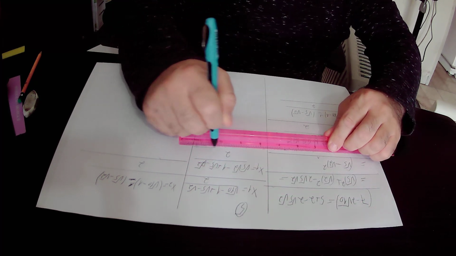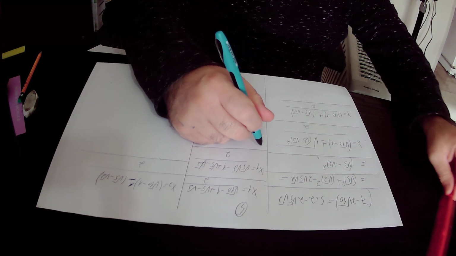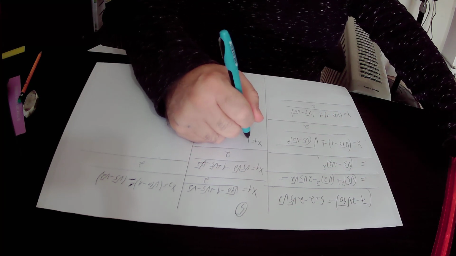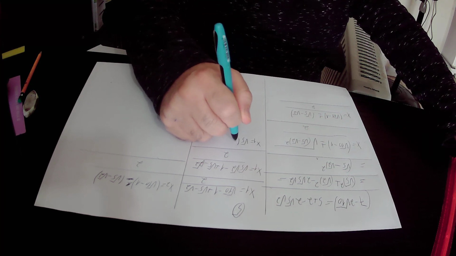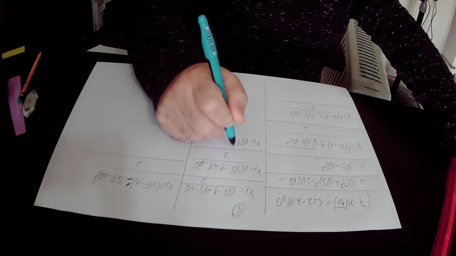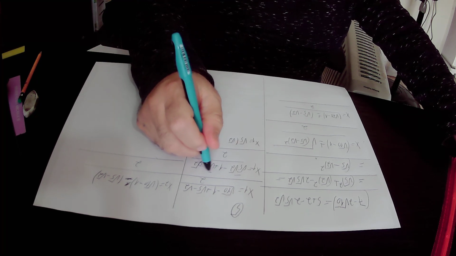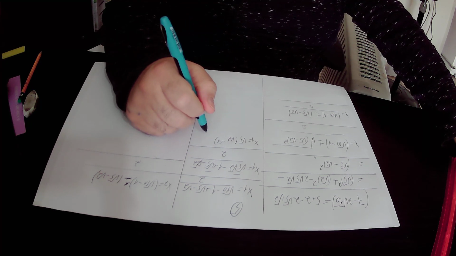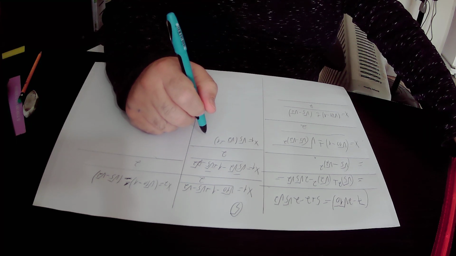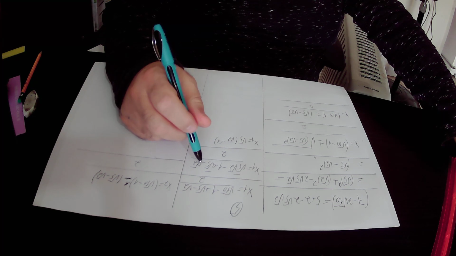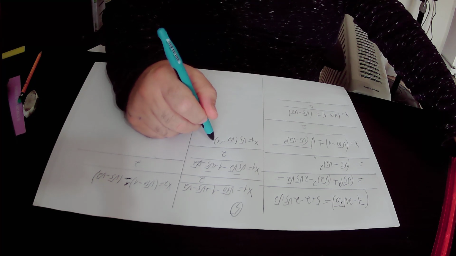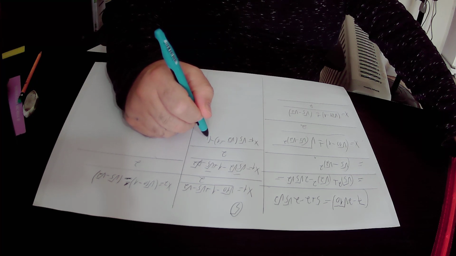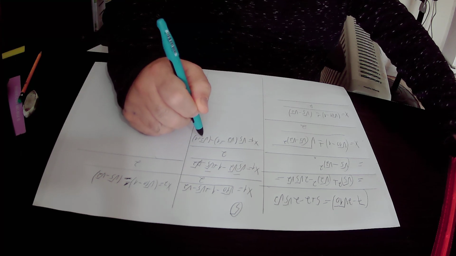So here we take square root of 5 as a common factor, and we get that inside the brackets we will have square root of 2 plus 1. Here we take minus 1 as a common factor. Inside the brackets we will have square root of 2 plus 1, all divided by 2.